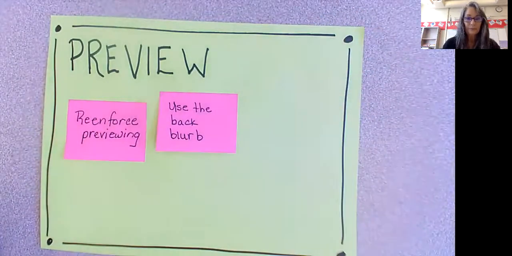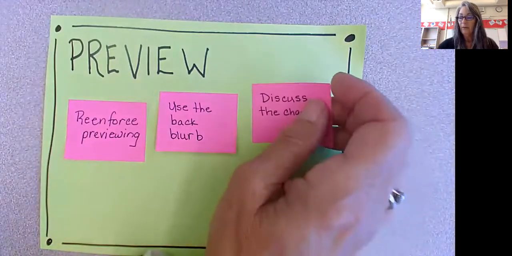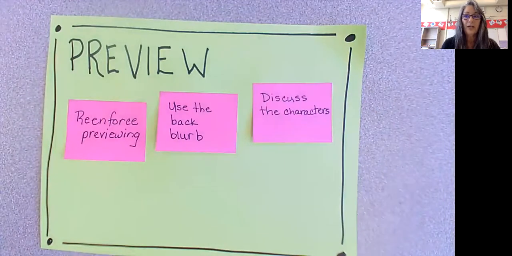And then after they've read the book blurb to you, you could take that conference in a lot of different directions. You could talk about the characters and just discuss what do they already know about the characters.